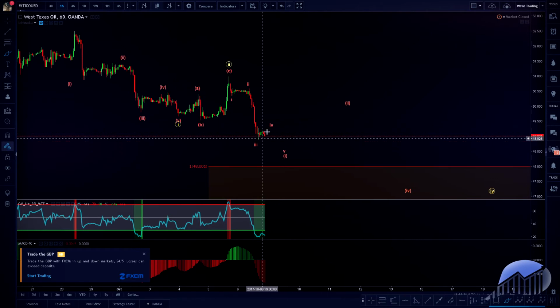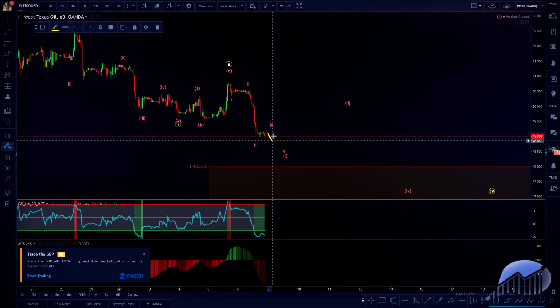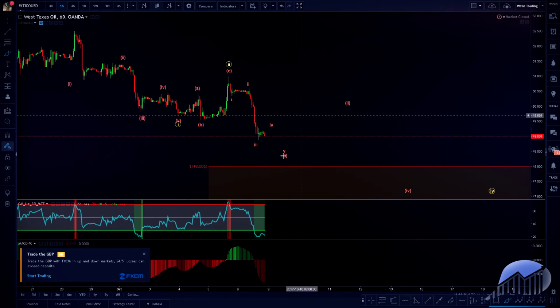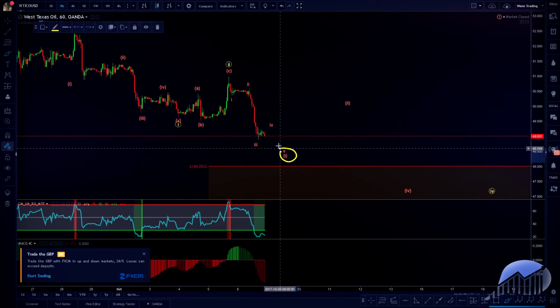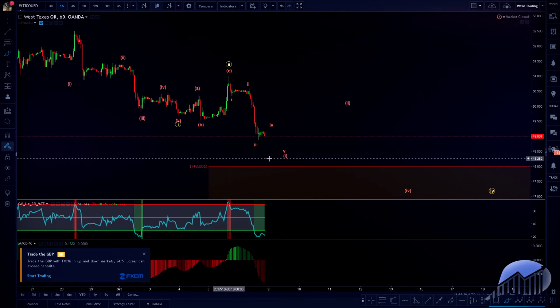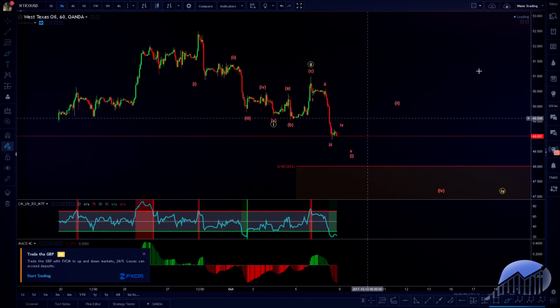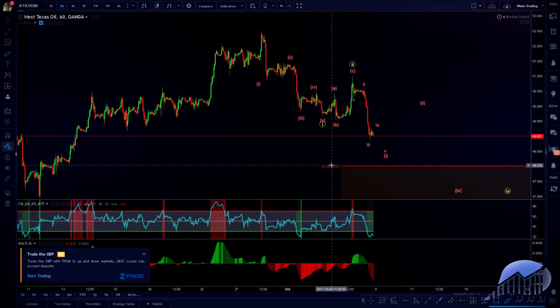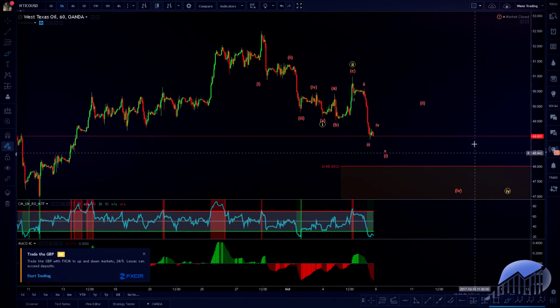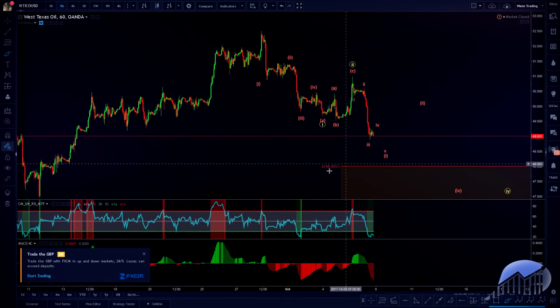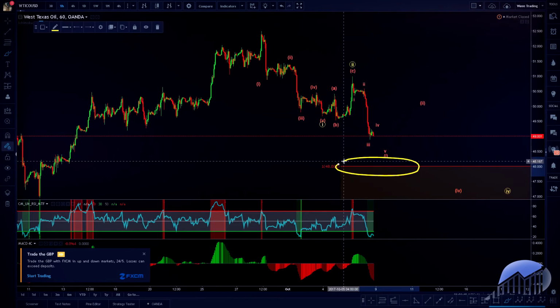As soon as it starts picking up pace down, move your stop instantly to break even, because this could be a wave 1 here. So if wave 1 is equal to wave 3 here, then this is where it will terminate.